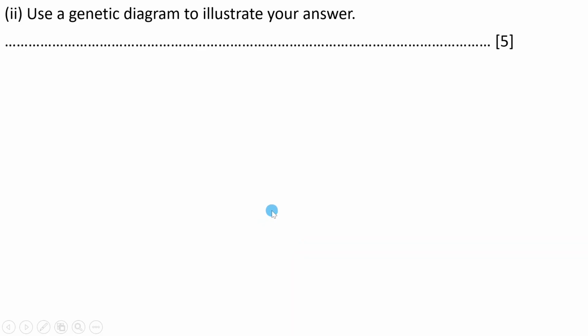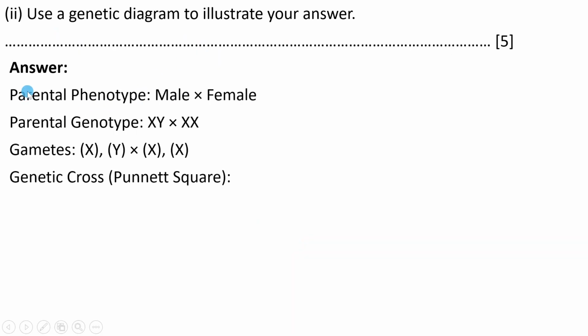Then we go to the next question, which says use a genetic diagram to illustrate your answer. So we are saying parent genotype, for example, the parent phenotype is male and female.